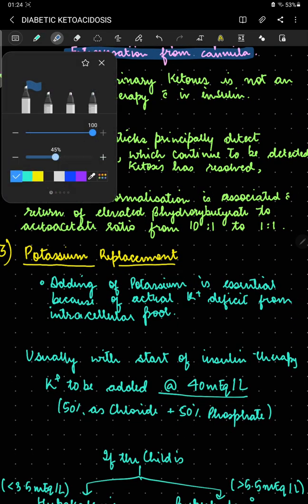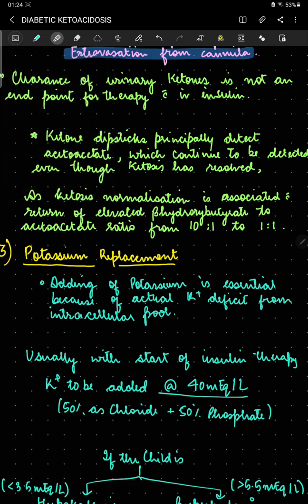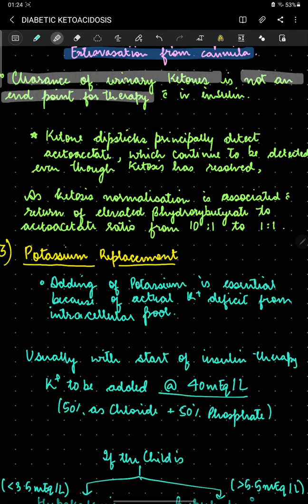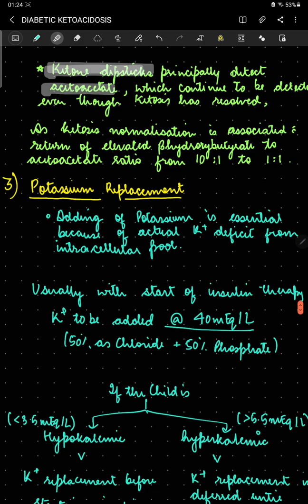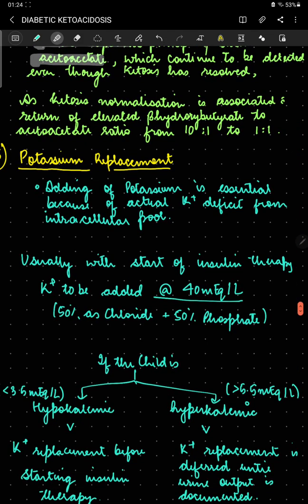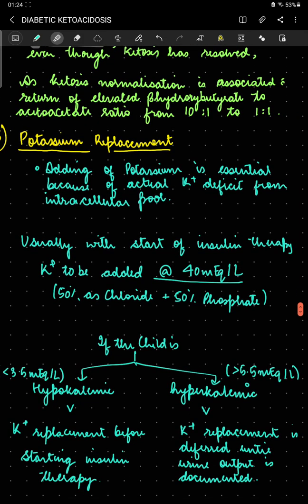Now, most important thing is, some people think that as long as the urine has ketones, we have to keep on giving IV insulin. That is not true. The clearance of urinary ketones is usually not an endpoint for the IV insulin therapy, because the ketone dipsticks principally detect acetoacetate, which continues to be detected even though the ketosis has resolved.